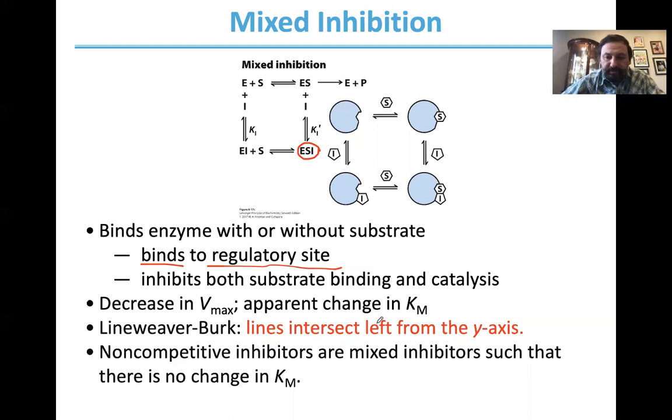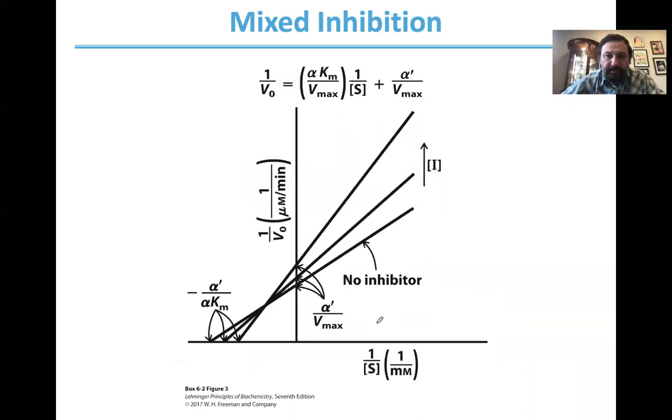Okay, so let's look now at the Lineweaver-Burk plot, which is actually the combination of both the competitive and uncompetitive. Vmax.